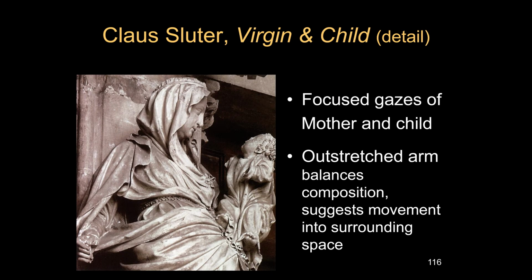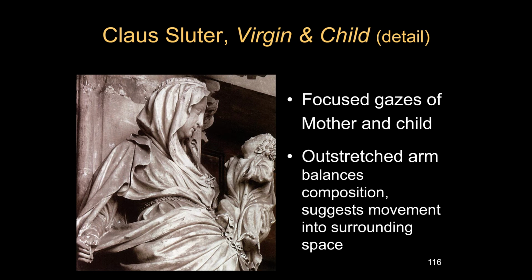You have an extremely focused gaze. Mary is looking at the Christ child. The Christ child's head is tipped back, really like a newborn who has to have his back supported, as he gazes up at his mother. You can see there is some damage. He's lost a hand and arm and some of the features, because this is outside, and the rain would be falling on this figure. Then her other arm is outstretched.